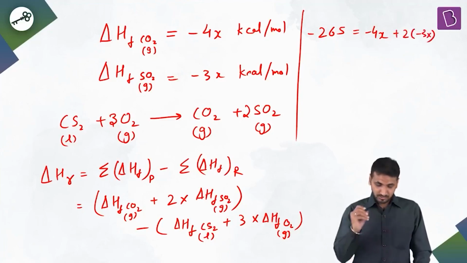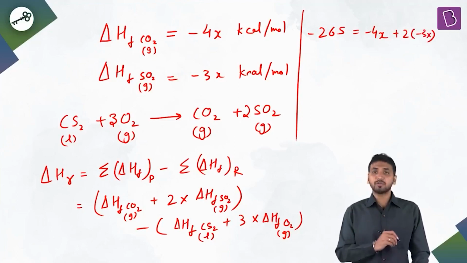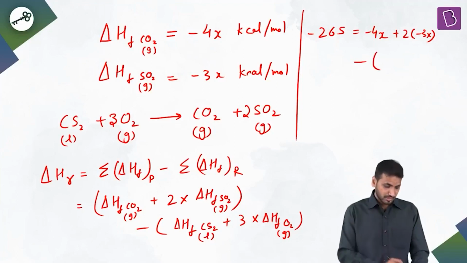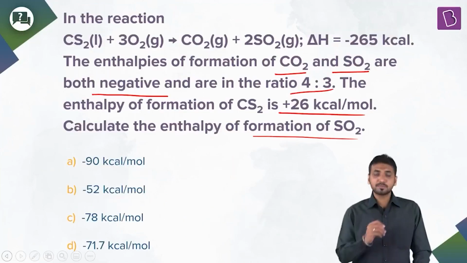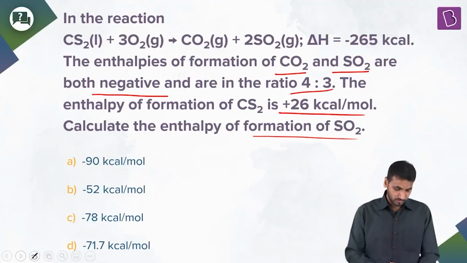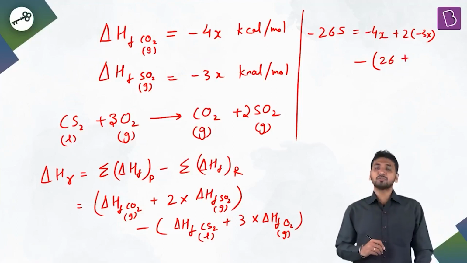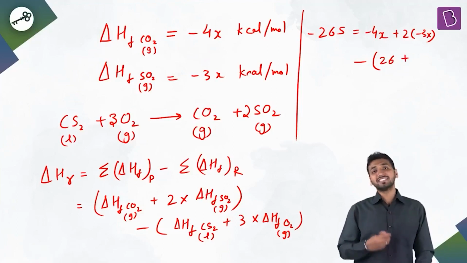Right? This is for the product part. Let's write for the reactant part, minus delta H formation of CS2. The value is given to you. It is plus 26 kilocalorie per mole. So this will be 26 plus 3 into delta H formation of O2, oxygen gas.